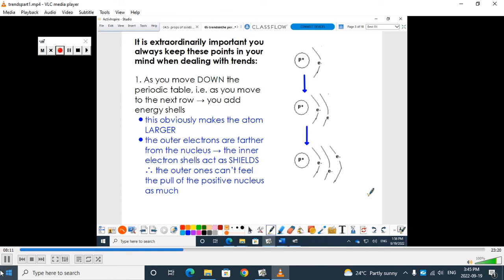So the outer electrons are obviously farther from the nucleus, so that's point 1, but as well, like we just talked about, once you have more electrons, you're going to get more repulsion, and those inner electron shells act as shields or obstacles. So the outer electrons can't feel the pull of the positive nucleus as much. Those shields are in the way.